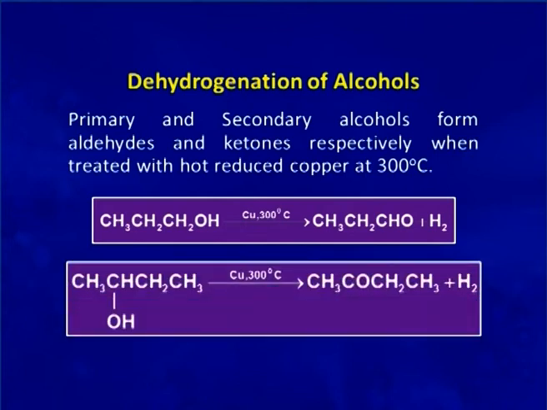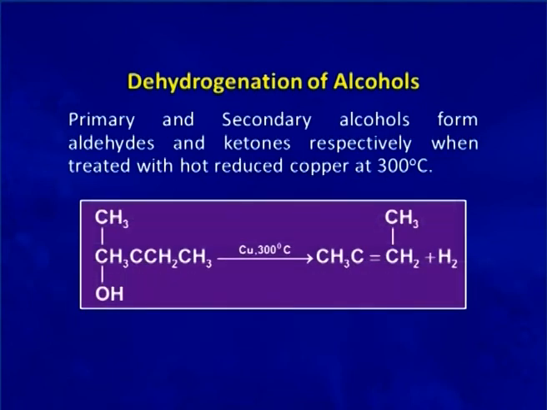When secondary alcohol undergoes the same reaction, there is formation of ketone, whereas when it is tertiary alcohol which is treated with copper at high temperature, the product is neither an aldehyde nor a ketone, but an alkene. Actually, in case of tertiary alcohol, removal of a water molecule takes place from the alcohol molecule.